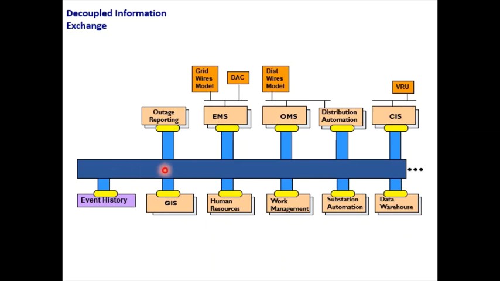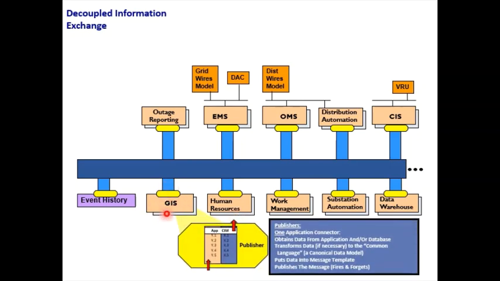Suppose you have a setup with a lot of software applications connected through one common bus, which is nothing but the enterprise service bus, where the data travels, and from which various software applications receive the data. Now suppose the GIS, that is the Geographical Information System application, is a publisher of a particular data.